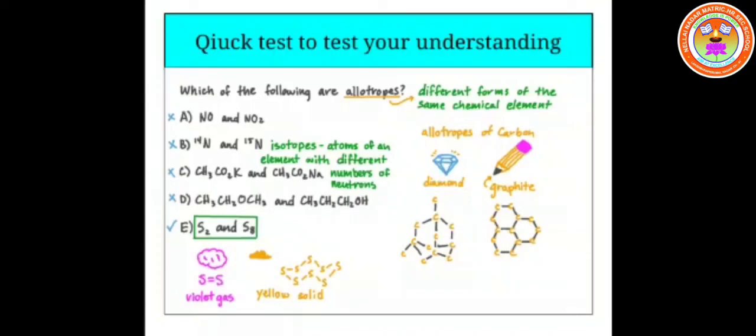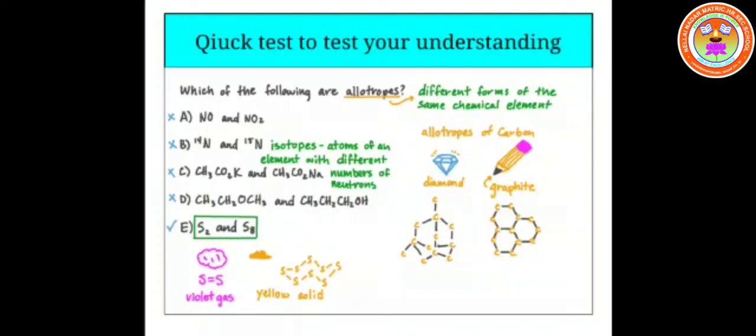Coming to the last option, S2 and S8. S2 is a violet color gas and S8 is a polyatomic, yellow solid. Look at their structures. Sulfur disulfide, S double bond S. What about S8? 8 octahedron.